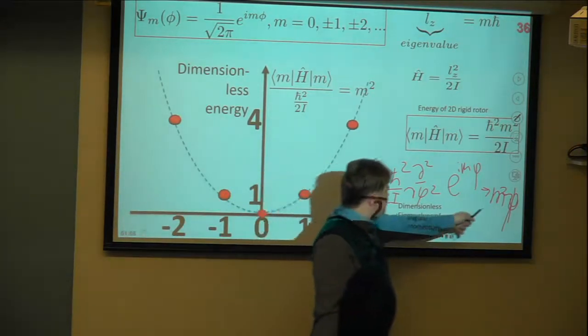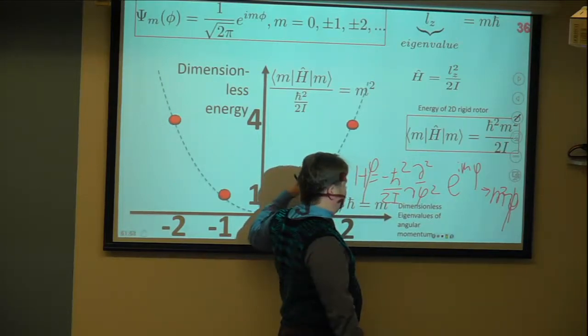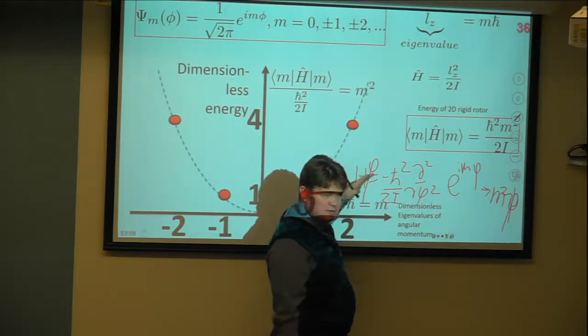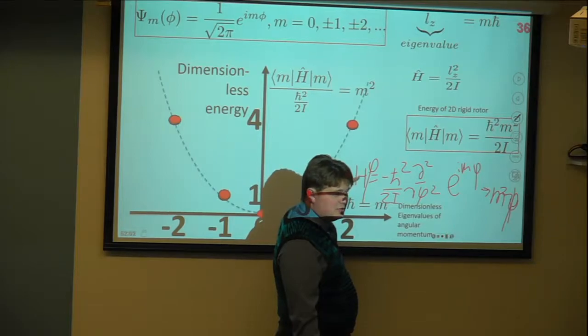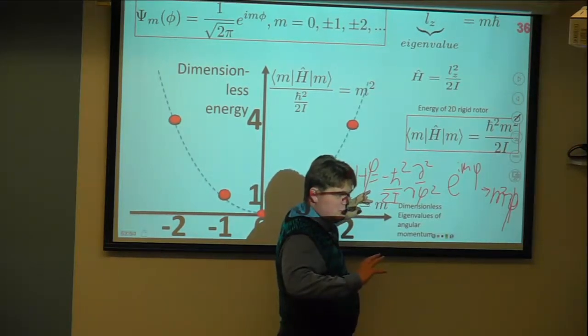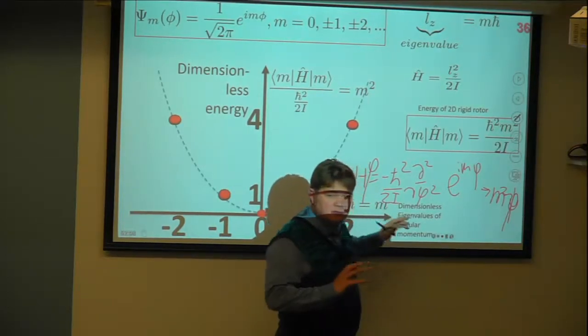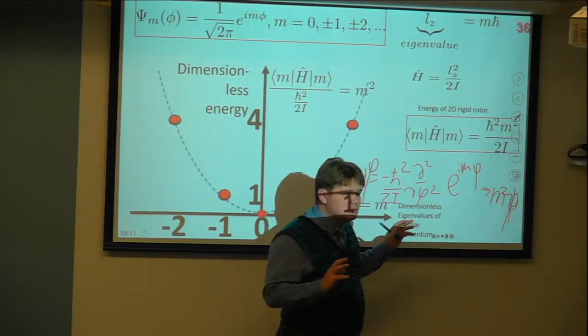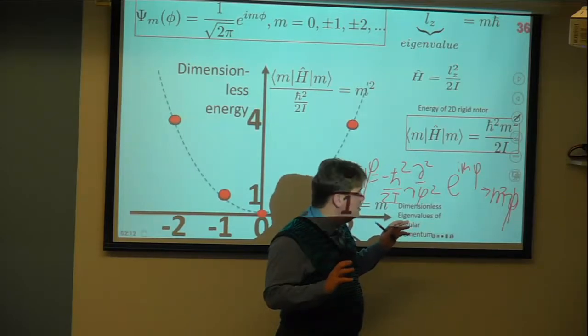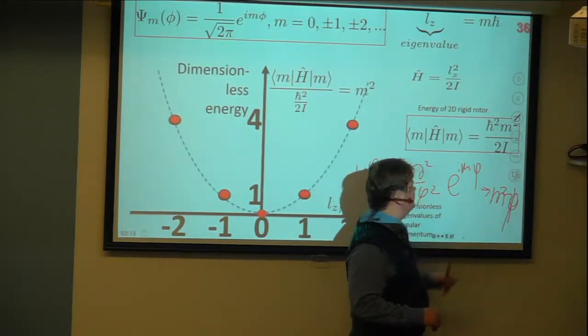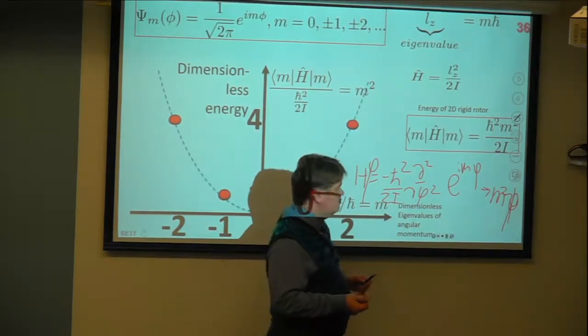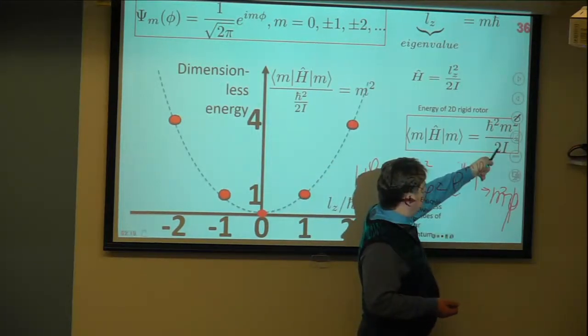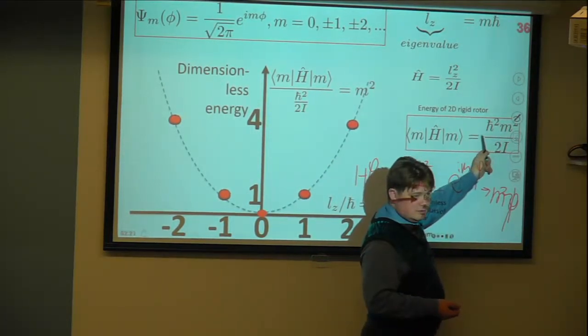If you multiply it from the left by the same function and integrate, wave functions will be removed due to which property? Orthogonality, right? And the only thing left will be m squared with some factors. The factors will be h bar squared and two inertias, right?